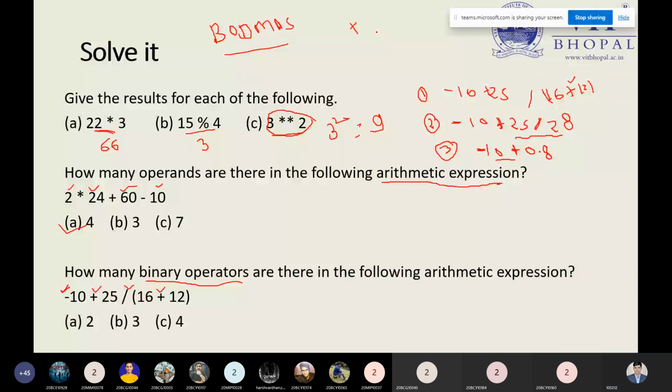We are performing division as well. We are performing the addition. Yes, sir, 2, sir. What is the confusion here?